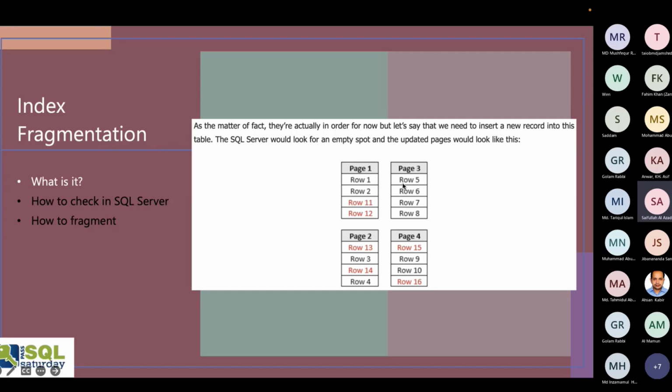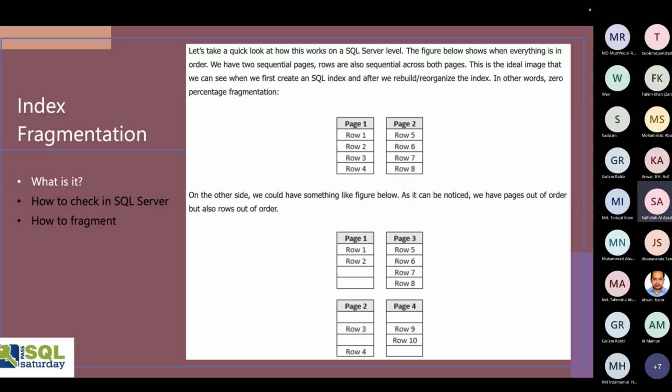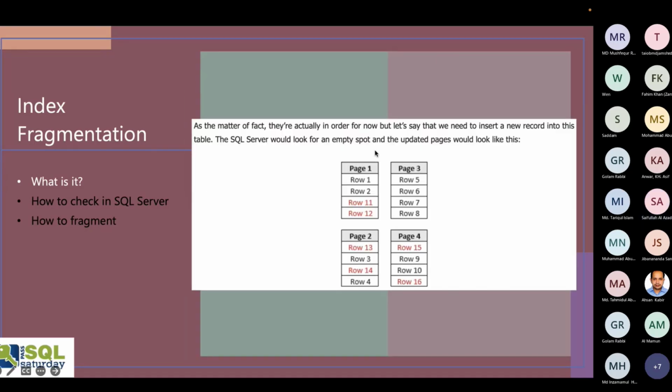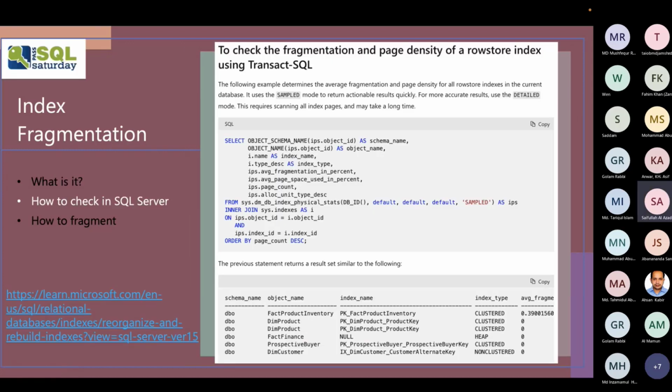So for this reason, I have to reorganize or rebuild, which is called defragmentation. We should use this for first level data finding. So how to check? There is a query option where you can check the rowstore index and the columnstore index, where you can identify which index is taking how much time.